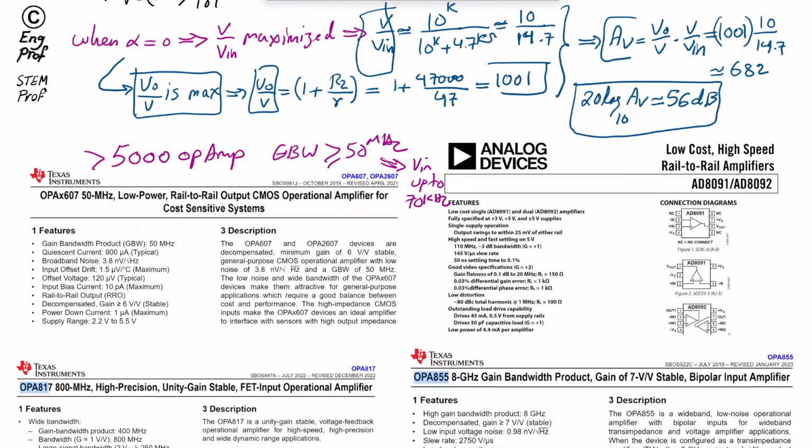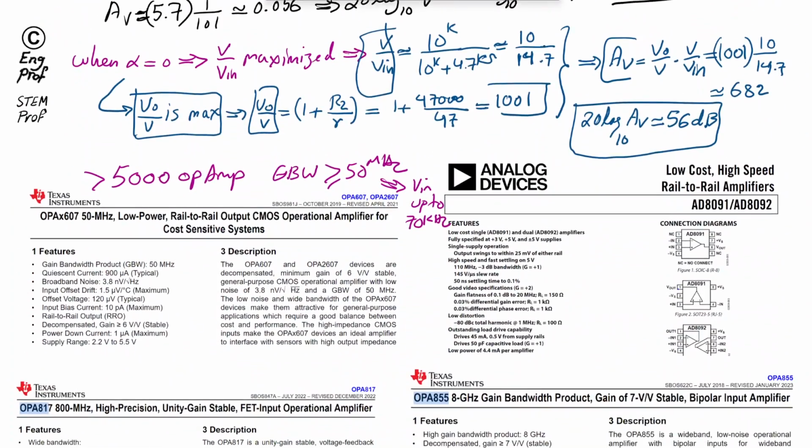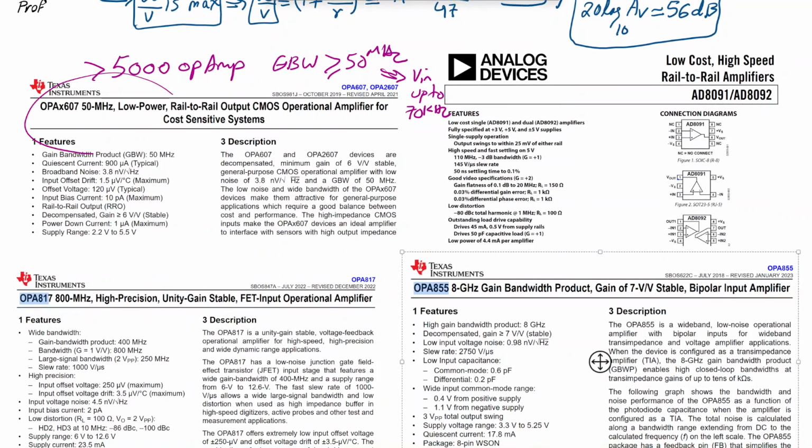If you want video applications, say up to a megahertz bandwidth for the input signal, then we need a scale of 20x, not necessarily 20x, say 15. So in that case, instead of 50 megahertz, let's say op-amps like these two, from Texas Instruments the OPA607, or from Analog Devices the AD8091, are roughly 50 megahertz gain bandwidth op-amps.